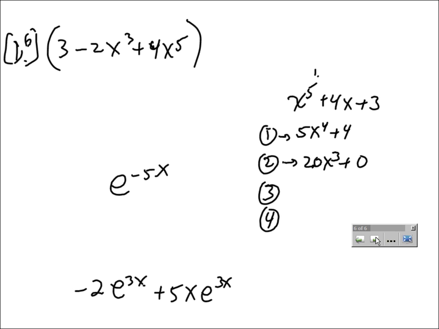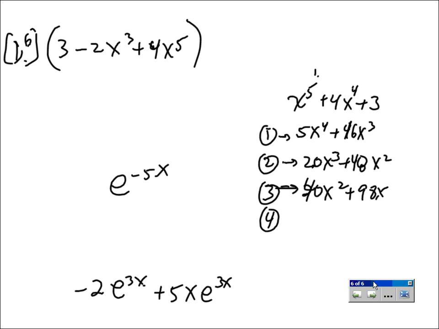That could be 4x to the fourth, 48x squared. And the next derivative will give you a quadratic. And the next derivative will give you a linear. And then the fifth derivative will give you a constant. And it'll be the sixth derivative that gives you the 0.